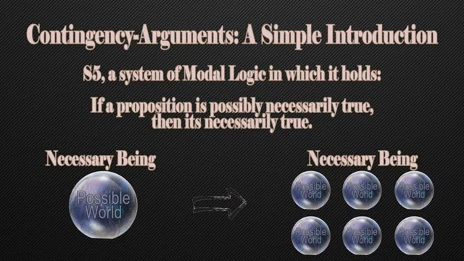Now, if the existence of a necessary being is possible, then that means there exists a possible world in which a necessary being exists. But a necessary being isn't a necessary being unless it exists in all possible worlds. And so, if a necessary being exists in some possible world, then it exists in all possible worlds.